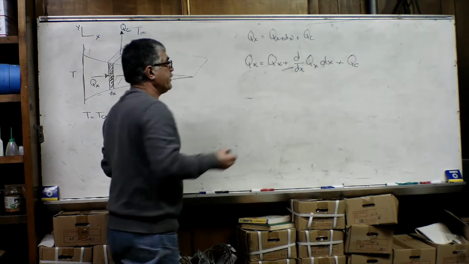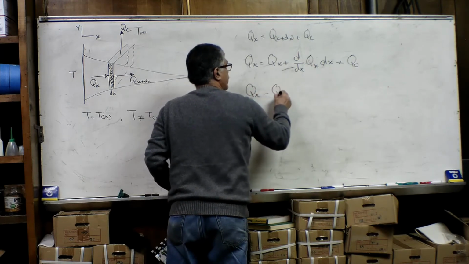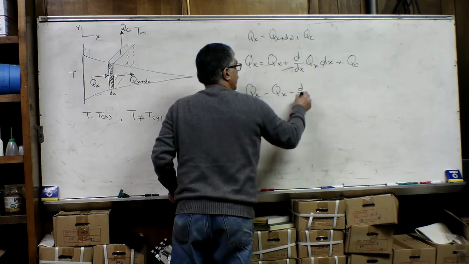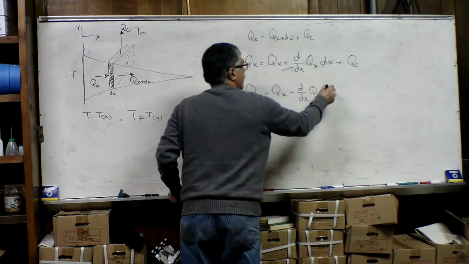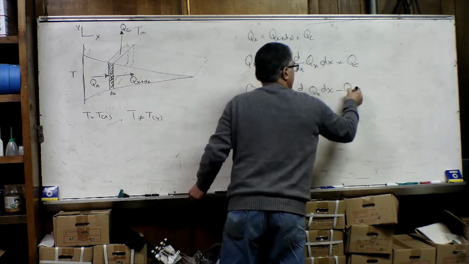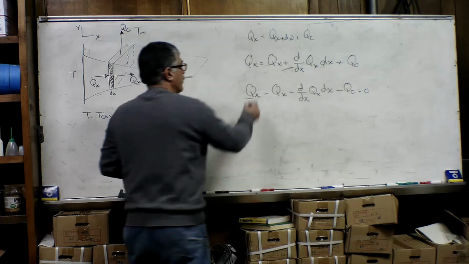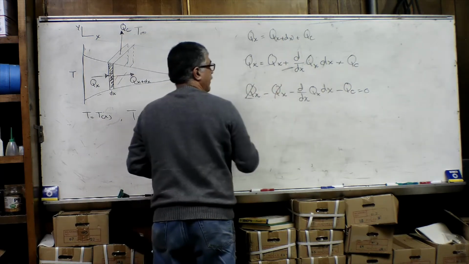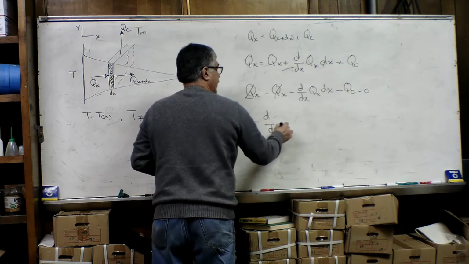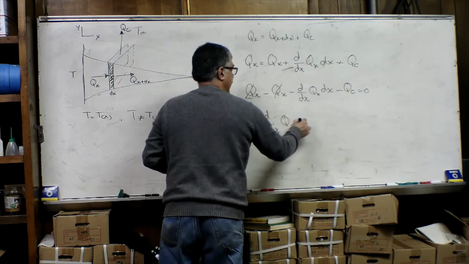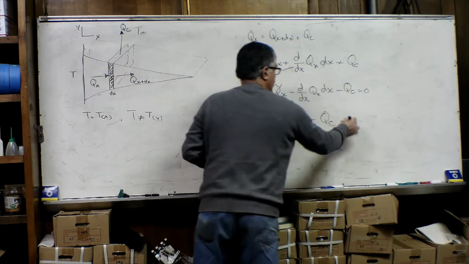Now we can rewrite this equation as Qx minus Qx minus d over dx Qx dx minus Qc is equal to 0. Here, the Qx's will cancel out. We are going to have minus d over dx Qx dx minus Qc equal to 0.